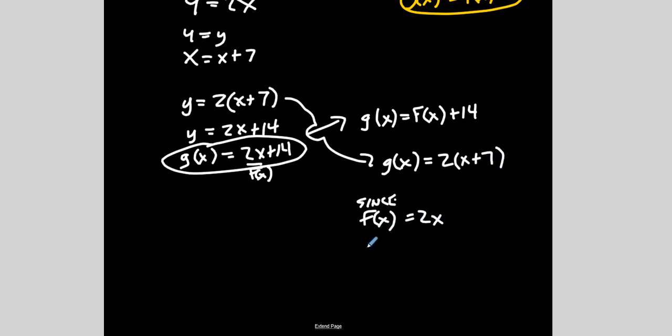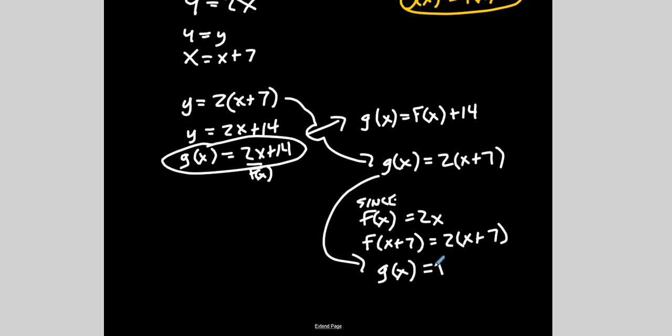Since f of x is 2x, that means f of 2 times quantity x plus 7 has to equal 2 times quantity x plus 7, because all I'm doing is replacing x with x plus 7. Okay, so now since we have this, I can replace 2 quantity x plus 7 with f of x plus 7. So g of x is also equal to f of x plus 7, which again means a translation of f 7 units to the left.